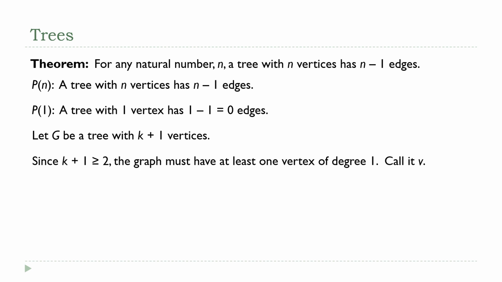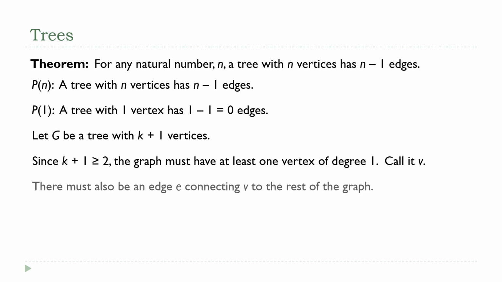I'm going to call it V. Because it has degree 1, and because the graph is connected, there has to be an edge connecting V back to the rest of the graph. I'm going to call it E. And remember, the vertex is degree 1, so that is the only edge connecting it to the graph.